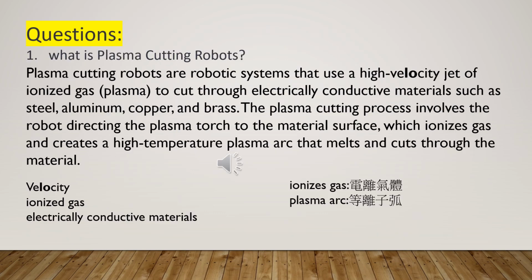Plasma cutting robots are robotic systems that use a high-velocity jet of ionized gas, plasma, to cut through electrically conductive materials such as steel, aluminum, copper, and brass. The plasma cutting process involves the robot directing the plasma torch to the material surface, which ionizes gas and creates a high-temperature plasma arc that melts and cuts through the material.